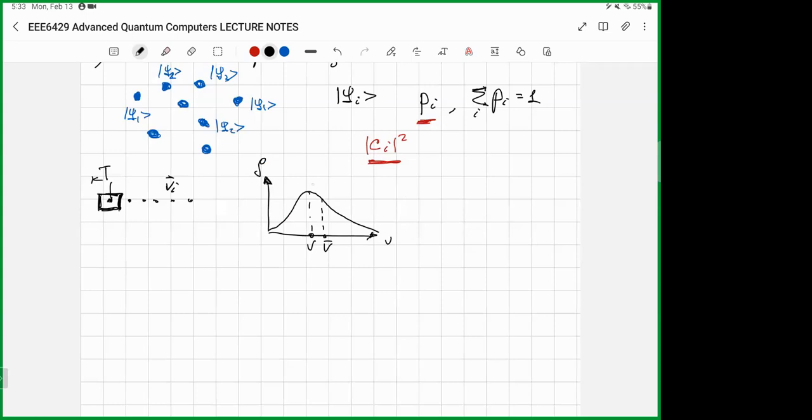In this experiment, this p would be something like the product of rho times dv.